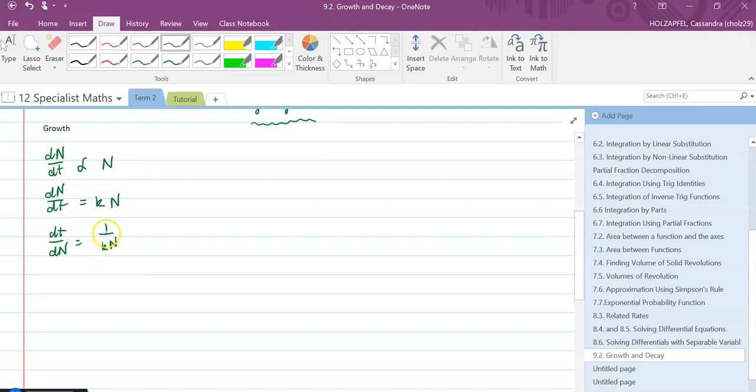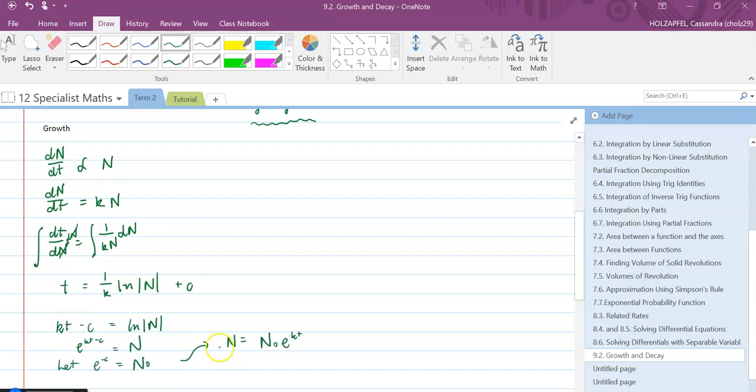Now this 1/k is a constant, so when I integrate this function with respect to n, this is just going to pop out the front, and I'm going to end up with 1/k ln n plus c, and that's going to be equal to t. So now what I need to do is rearrange this function. So now that we've solved this differential equation and rearranged, we now have our general function for an exponential growth model. Let's do an example.